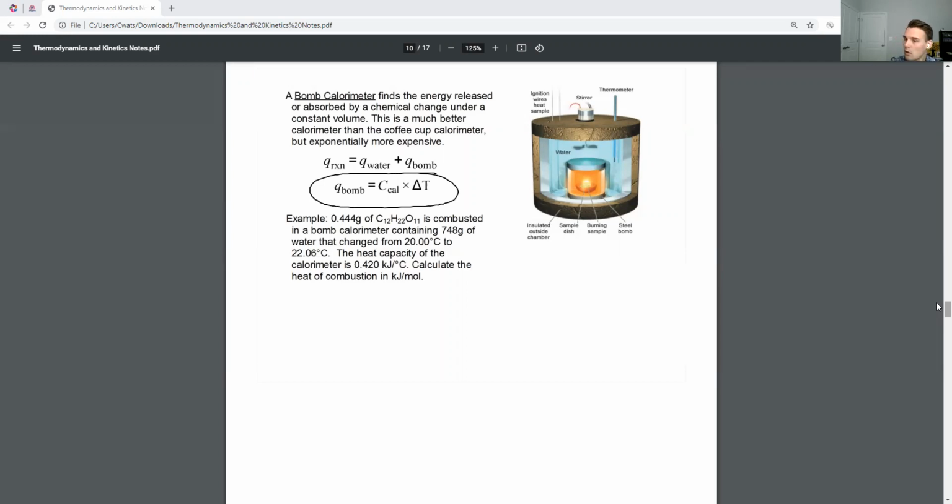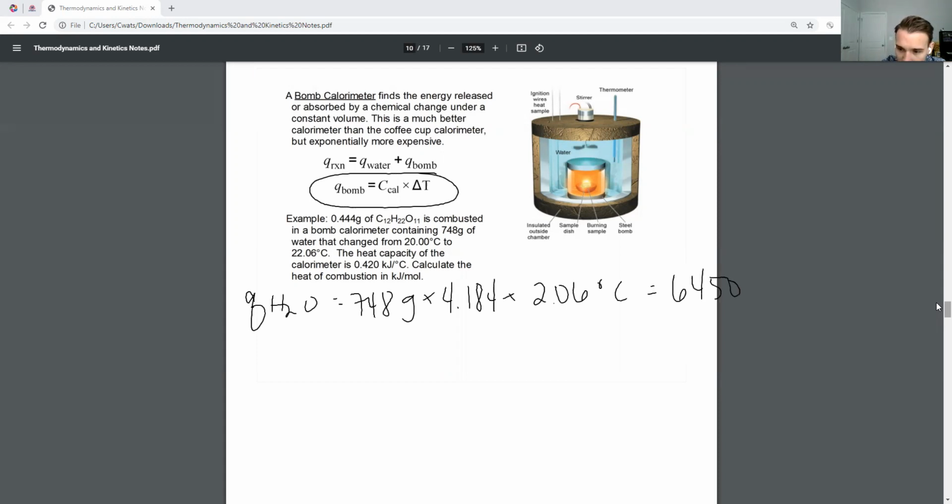So we're going to start off the same way by determining the Q of the water. And the change in temperature is obviously 2.06 degrees Celsius. And the Q of the water, 6450 joules. Now we're going to calculate the Q of the calorimeter.